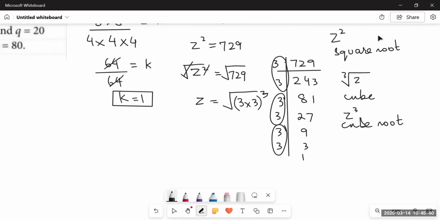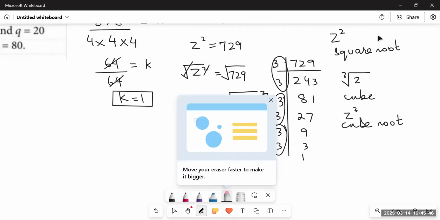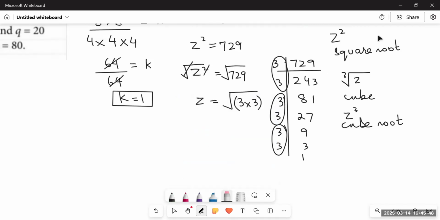Z equals under root 3 multiplied by 3 multiplied by 3. Since I have 3 pairs, I'm going to write it in a bracket and put a square over here. So this square will cancel the under root and I'm left with 3 3s are 9, 3 9s are 27.